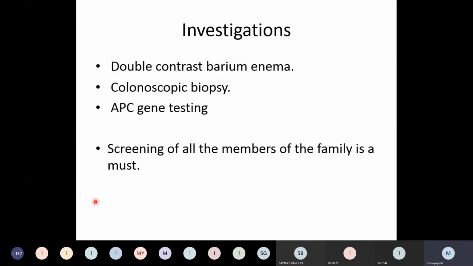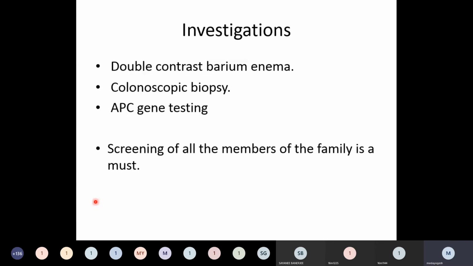After a thorough physical survey, per abdomen and per rectal examination, the patient has to be subjected to colonoscopy. Earlier they used to do what is called a double contrast barium enema. In such cases, we used to find filling defects in the colon, and we used to confirm that the patient might be having this condition.